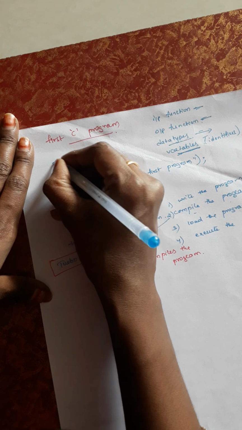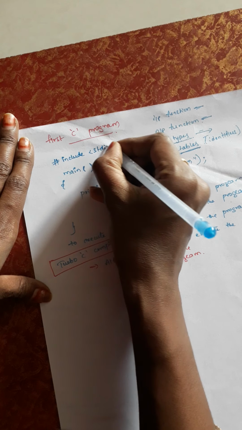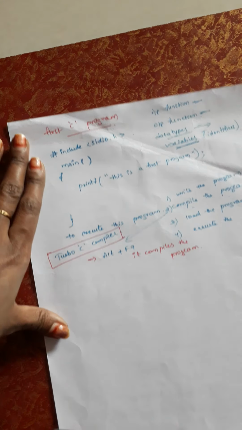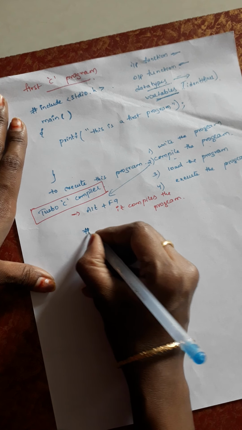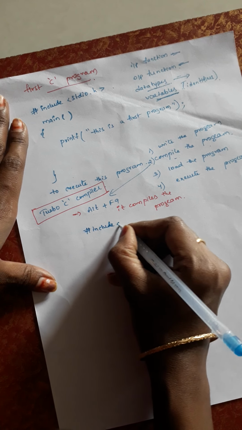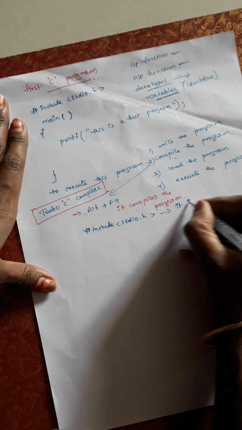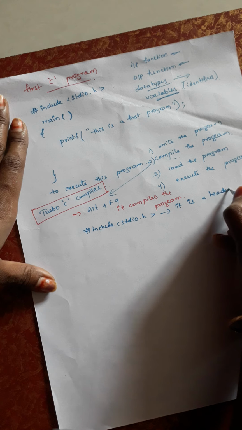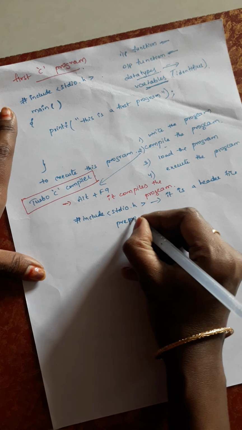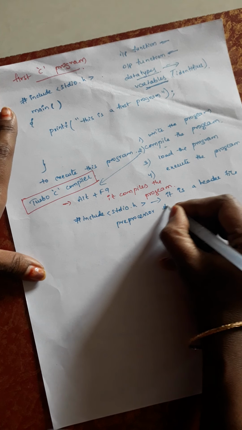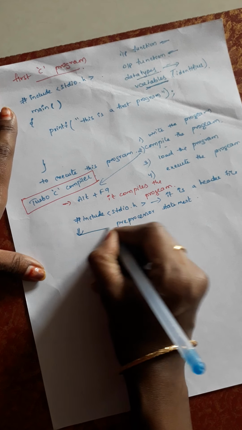Here we have to write #include stdio.h. What is that? It is a header file. We also call it a preprocessor statement. This symbol represents a preprocessor.